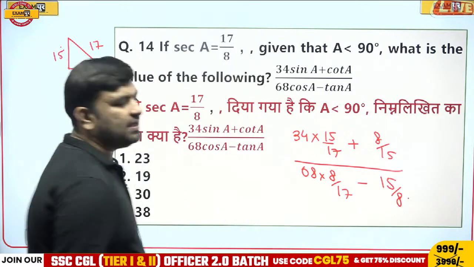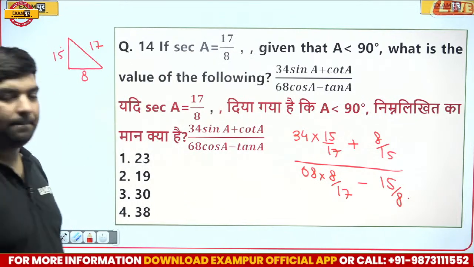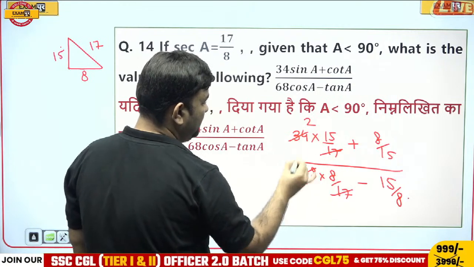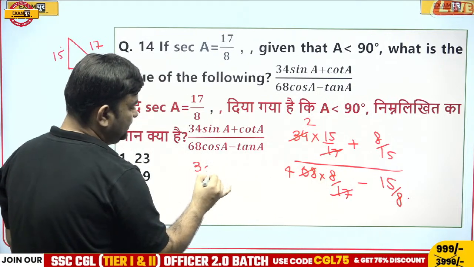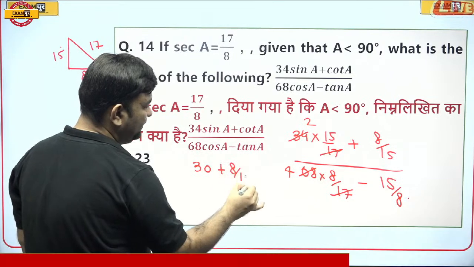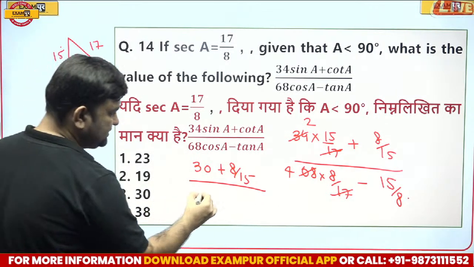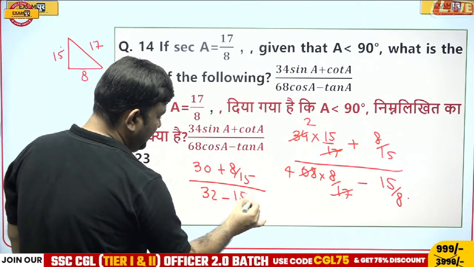At least our examiner is a kind-hearted person. 17 twos are 34, 17 fours are 68. 15 twos are 30. 30 plus 8 by 15. And this is 32 minus 15 by 8.